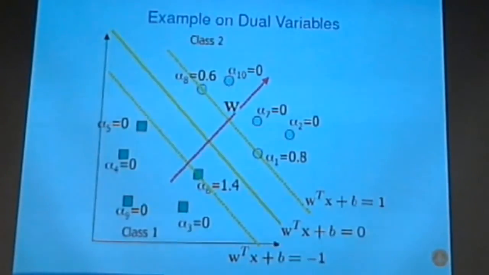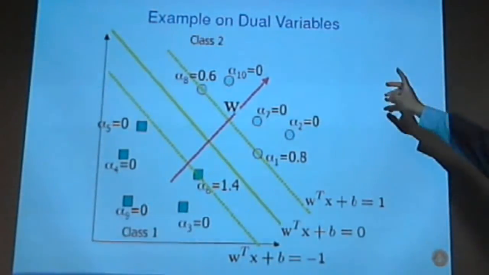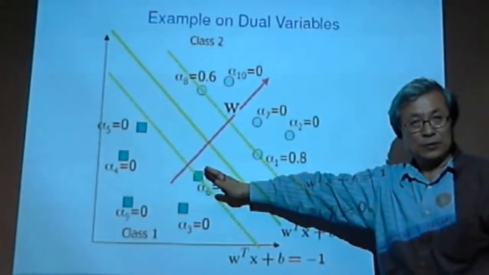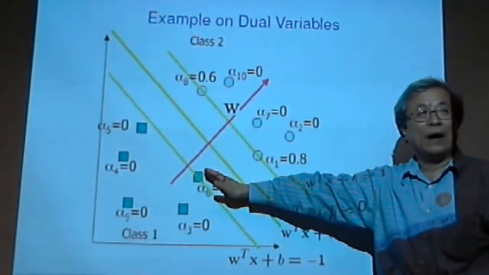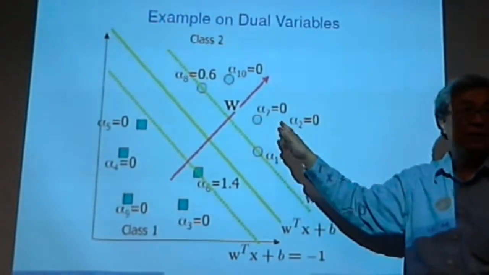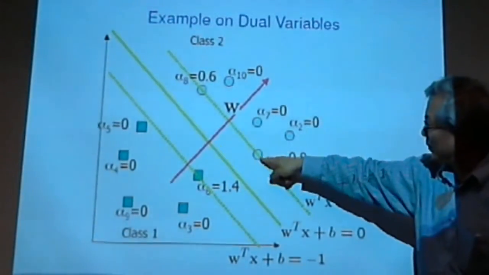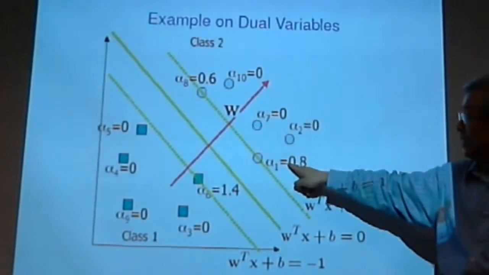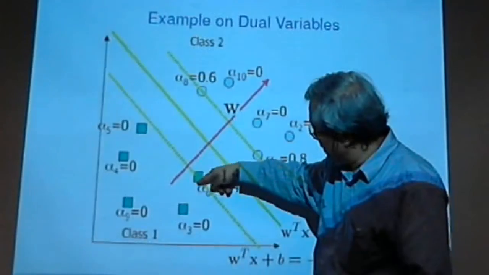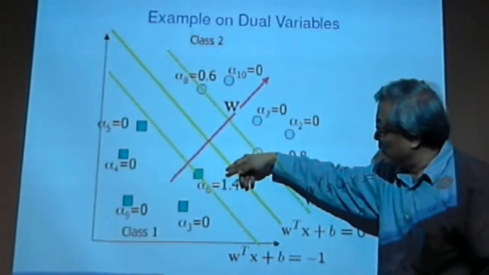So we get this result, and finally, you can see that for the dual variables, all the alpha i's will be 0 unless they lie on these two boundaries. Meaning that alpha i is positive if and only if it's a support vector. So here this is a support vector because alpha i is positive. Here is another support vector, alpha i is positive, and here another support vector, alpha i is positive as well.